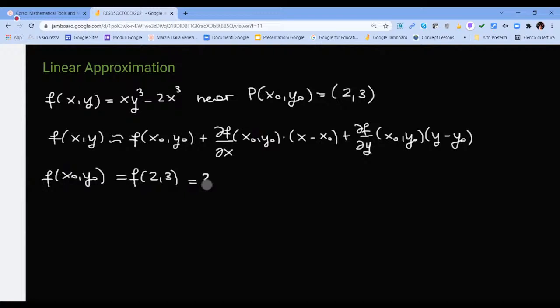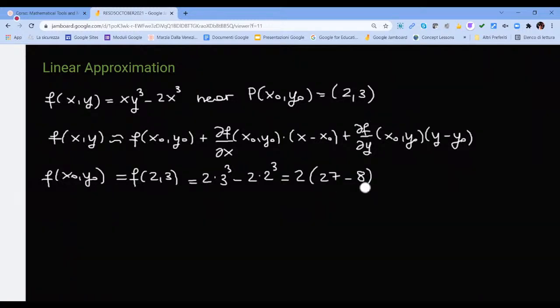That means 2 times 3 cubed minus twice x cubed, that is 2. So this is 2 times 27 minus 2 times 8.